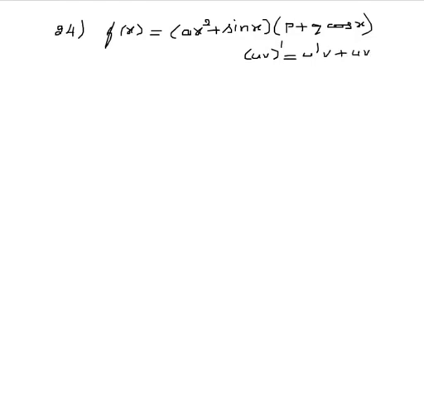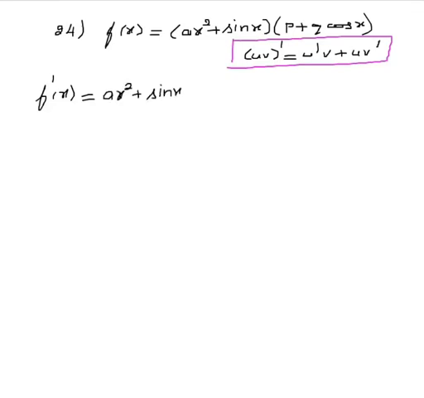Question 24. f of x is a x square plus sin x times p plus q cos x. Again, this is also by the product rule. f dash of x is equal to the differential of the first term into the second term plus the first term into the derivative of the second term.